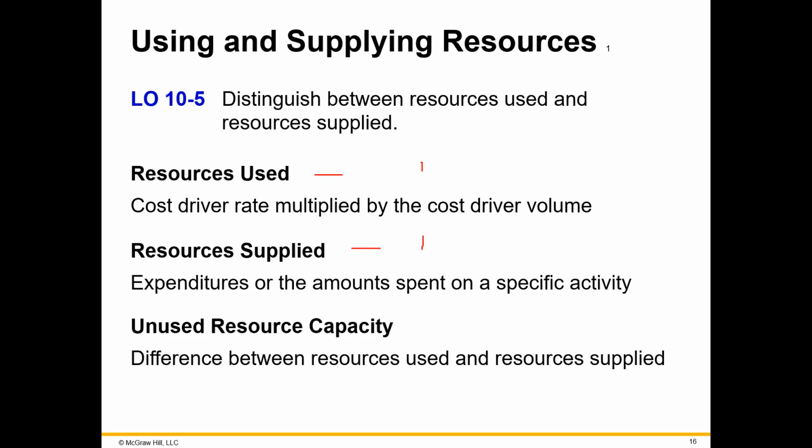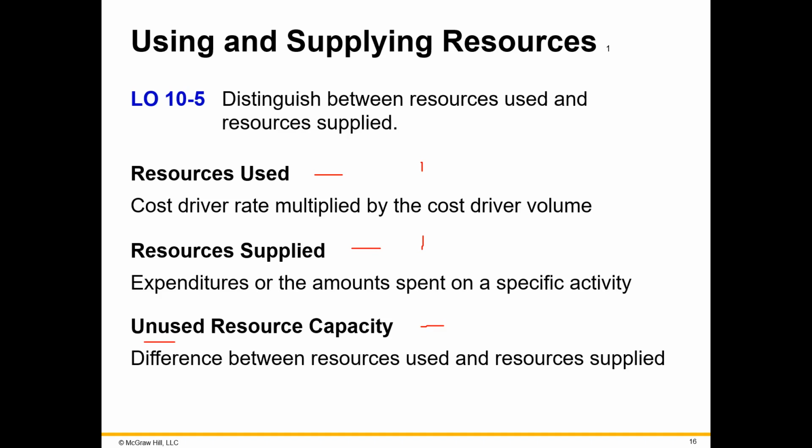And so in this chapter, we're going to see how to apply the costs for the unused resource capacity. Do we apply it to the items that we actually created, or does it become a period cost? It's going to depend on the reason for the unused resource capacity.